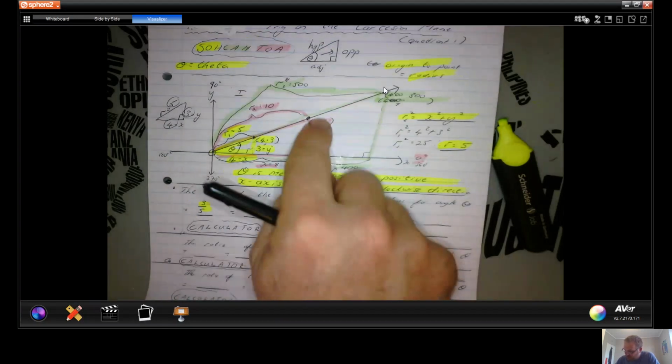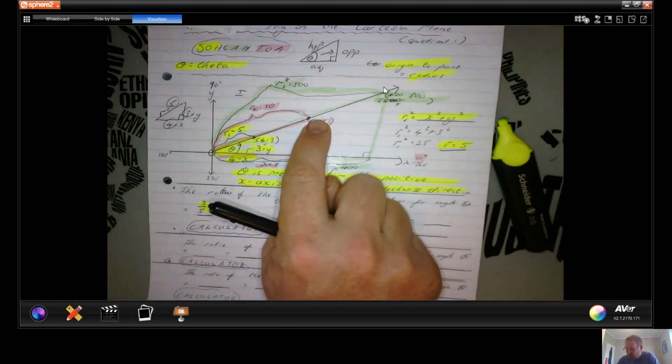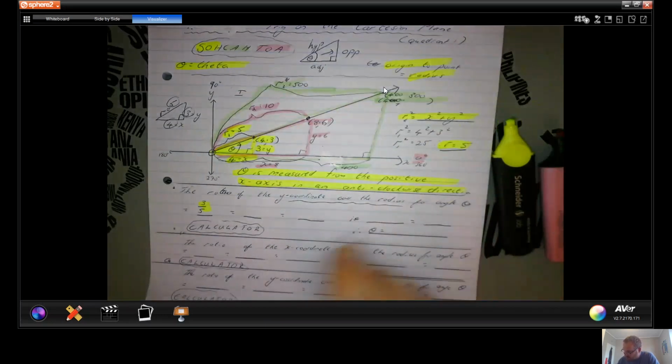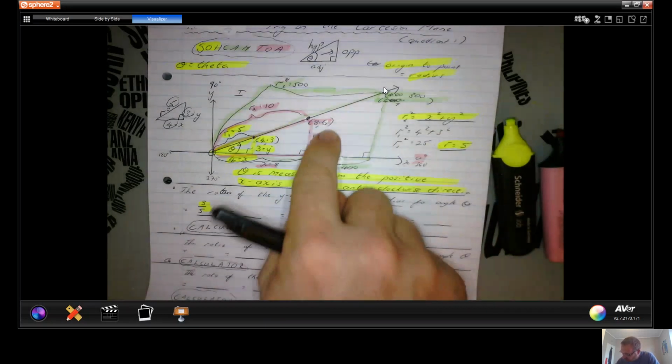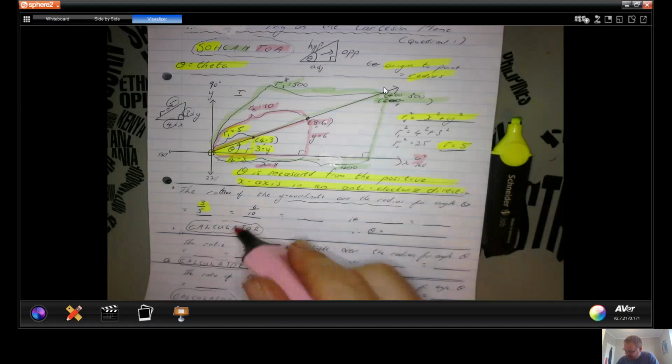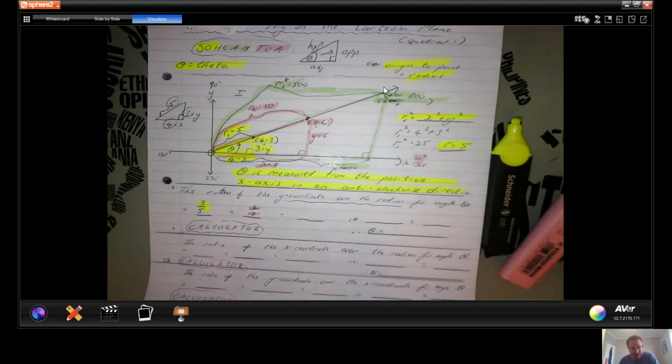If I go to the pink point over here, what is going to be the ratio of the y-coordinate over the radius, please, Bella? Well, the y-coordinate is 6. The radius is 10. So it's 6 over 10. Intuitively, it should make sense that those ratios are going to stay fixed.